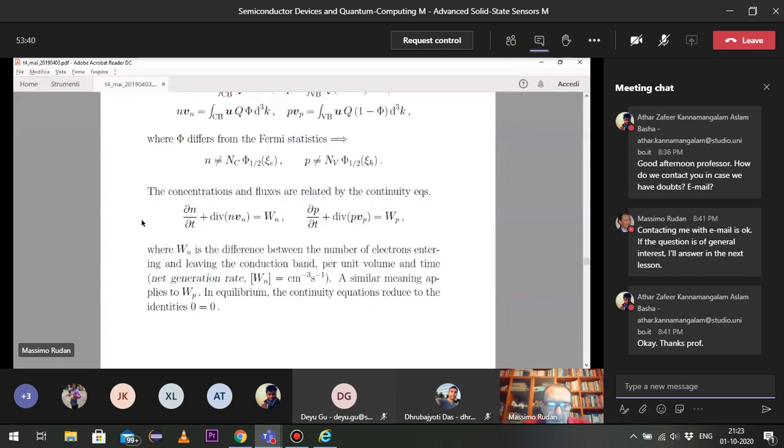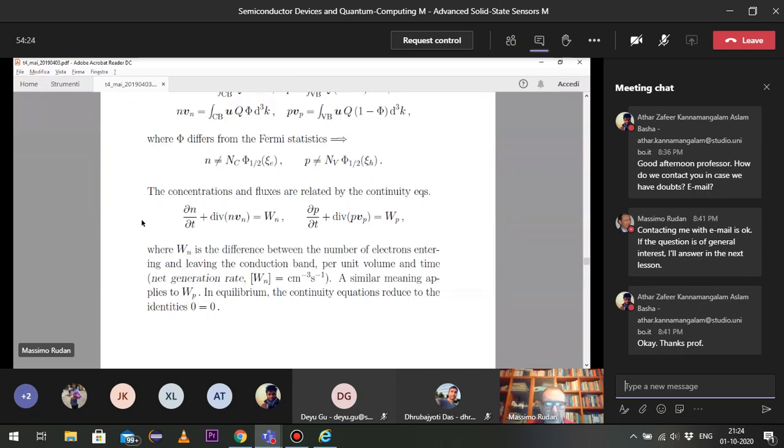So Wn is called the net generation rate of the conduction band. Similarly, Wp is the net generation rate of the valence band. That is, it is the number per unit volume and time of holes entering the valence band less the number per unit volume and time of holes leaving the valence band.